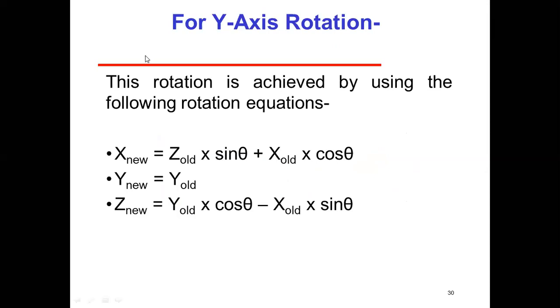For the y-axis, this rotation is achieved by using the following rotation equations. Again you can see we will use the same kind of equation if we rotate our object about the y-axis, and in this case y will remain the same.